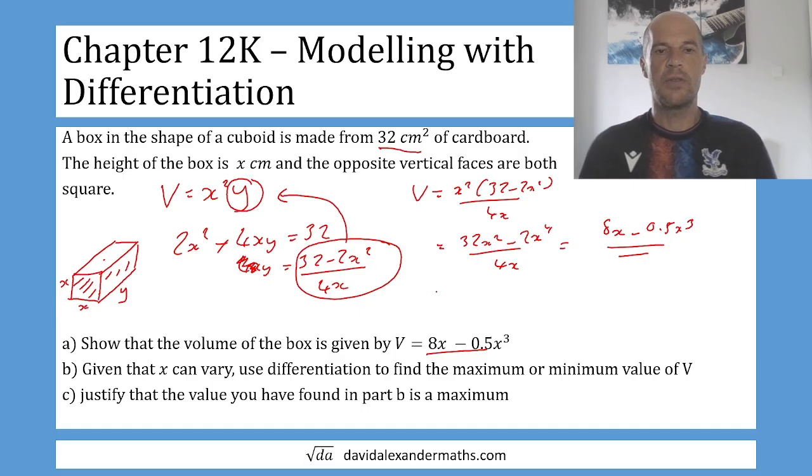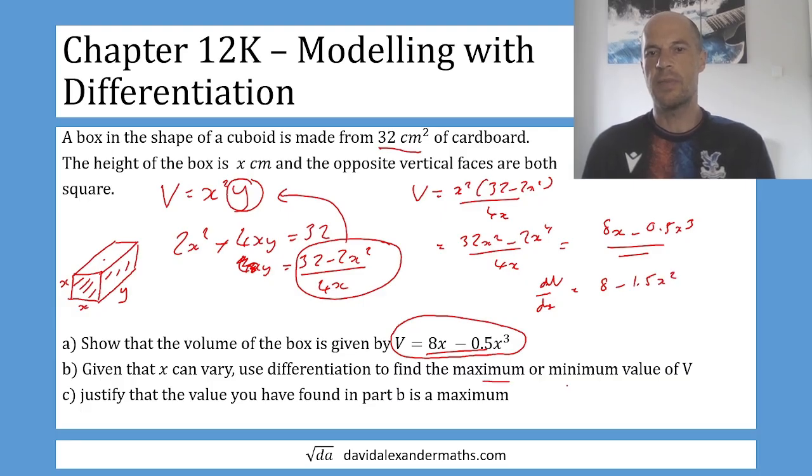Okay, so we know that V is this stuff here, and given that x can vary, we're going to use differentiation to find the maximum or minimum value. So if we're trying to find the maximum of this cubic function, we need to differentiate it. So this is going to be dV by dx, and that is going to be 8 minus 1.5x squared.